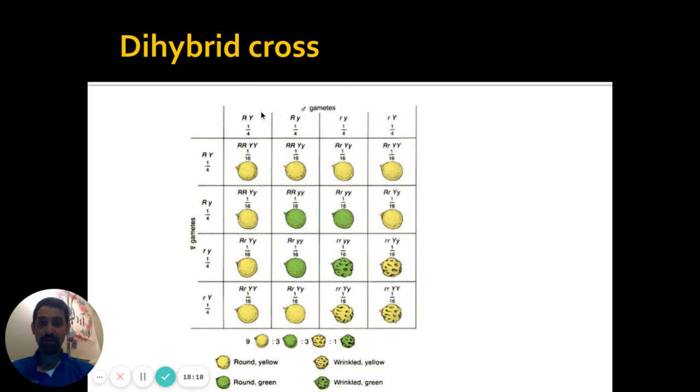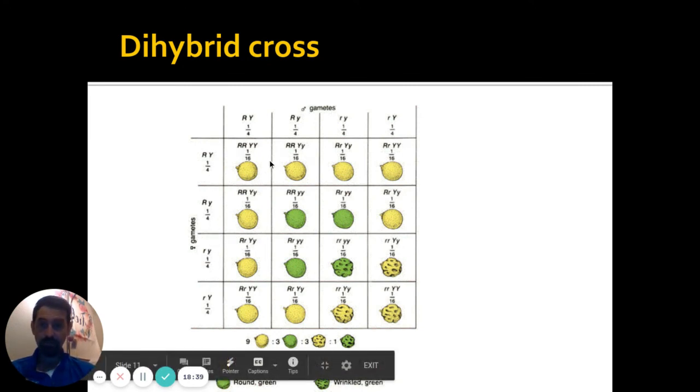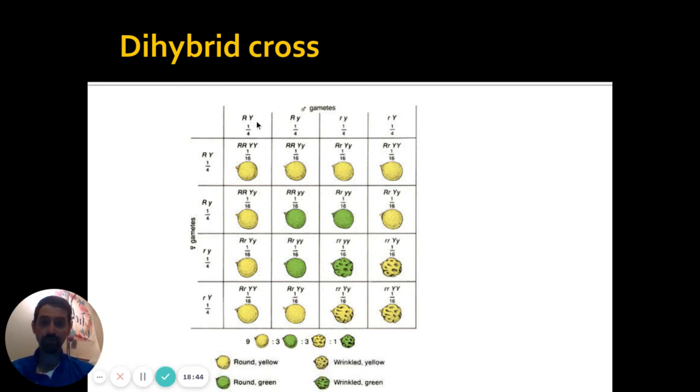So if this parent is big R, little r for round, and big Y, little y for yellow or not, for color, and this parent is big R, and big Y, we end up with, so it'd be big R, big Y, little y.